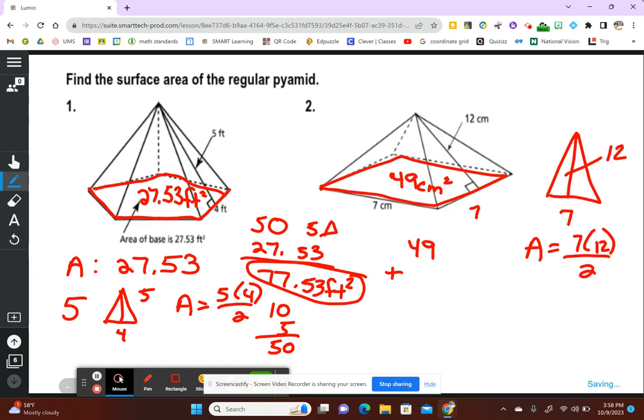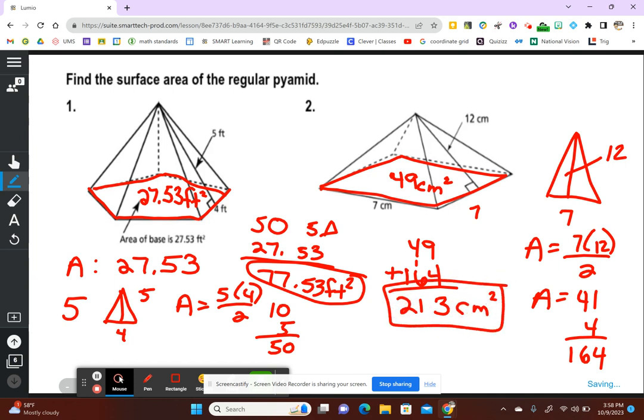That's 84 divided by 2, which is 42. But I have 4 of them, so that's 168. So I have to add 168, and I get 217 centimeters squared. So see if you agree, and then the video will end.